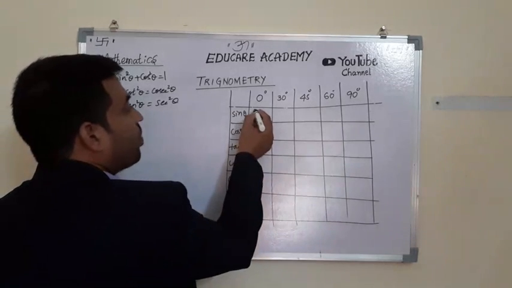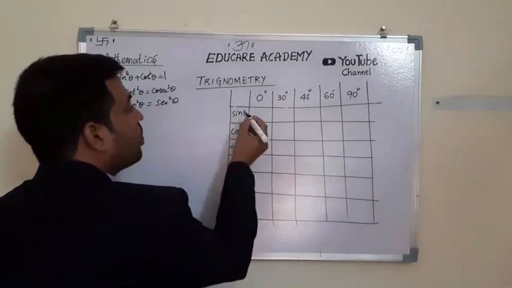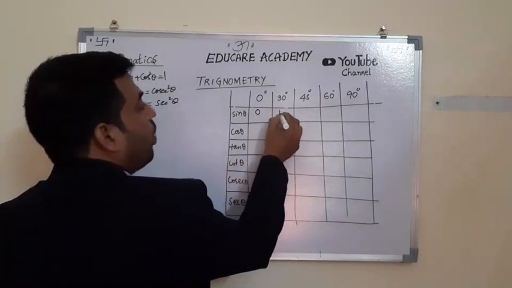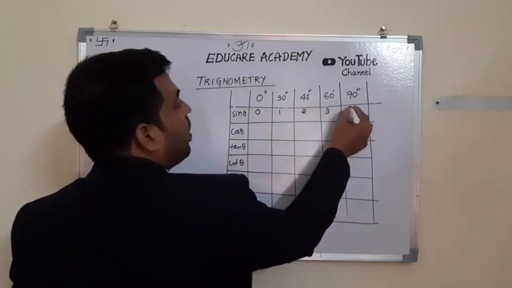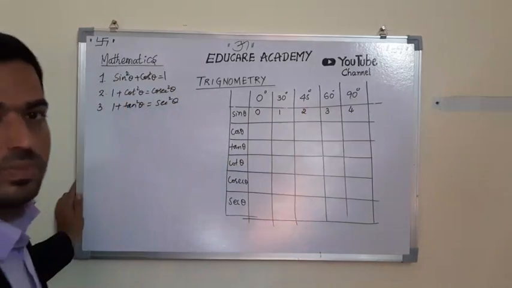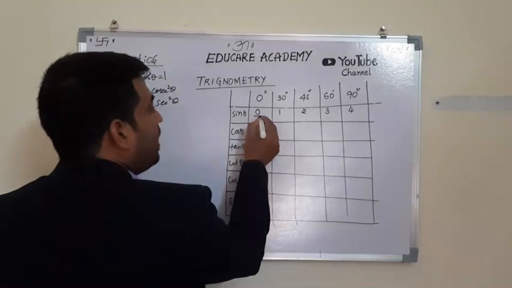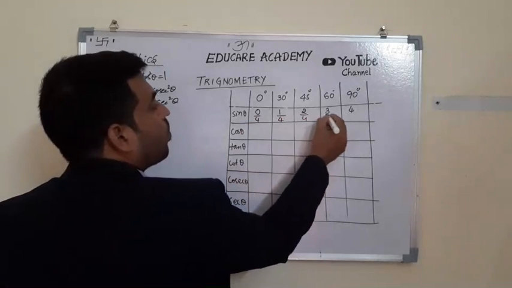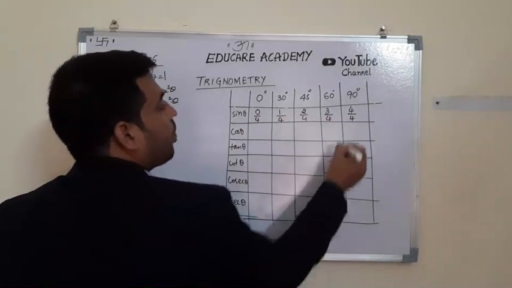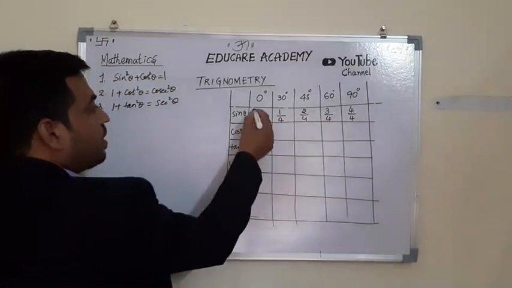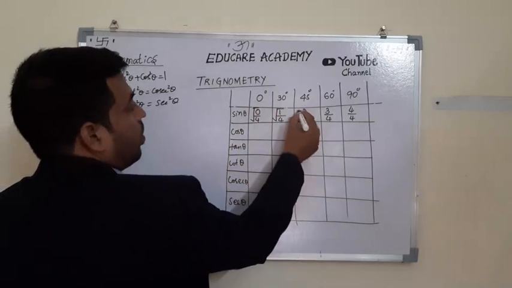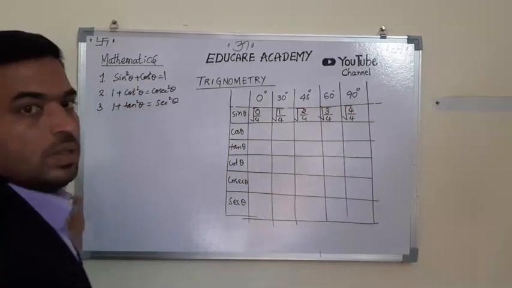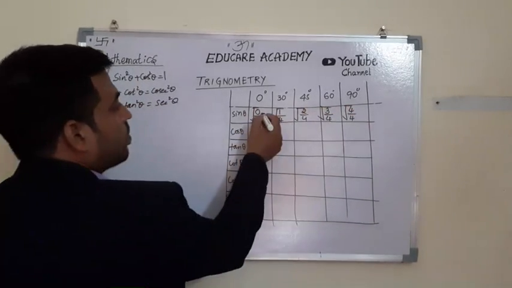Now, how to find sine 0? First write 0, 1, 2, 3, 4. Then write in the denominator 4, 4, 4, 4, 4. Take the root of that.